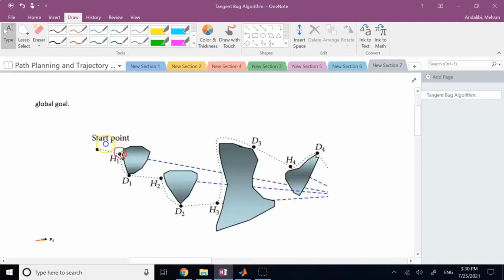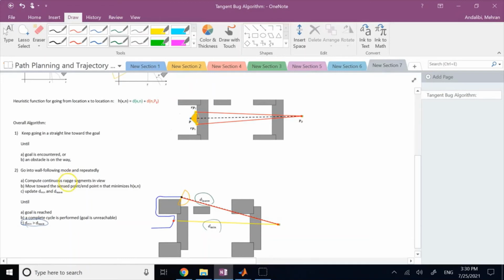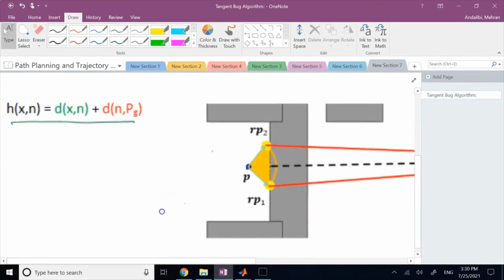Which one? Here it tells you that between the two endpoints, RP1 and RP2, choose the one that has a minimal value of the h function, the heuristic function, which has two parts, as I said. One of them is the distance from your robot to that endpoint. This d is the same d I showed you in the previous formula. This one comes from the LiDAR.